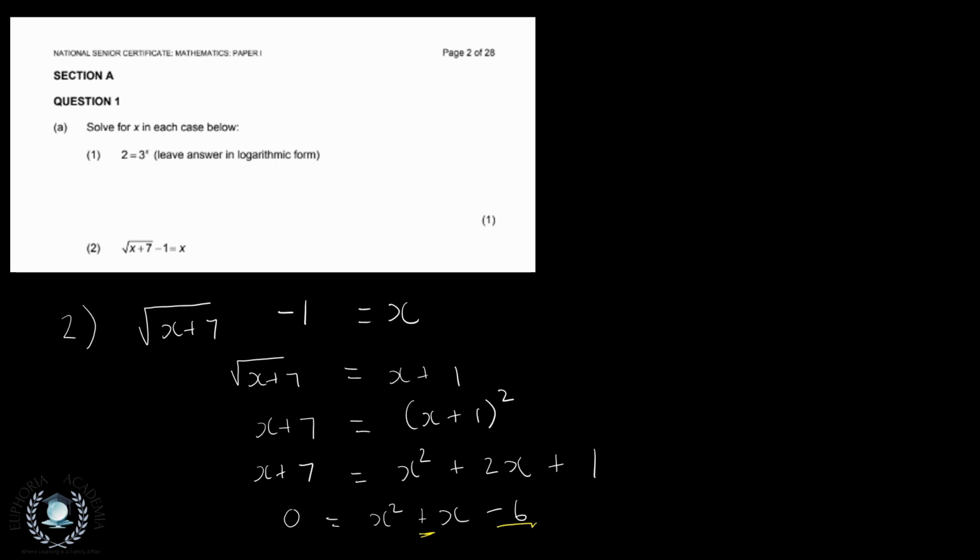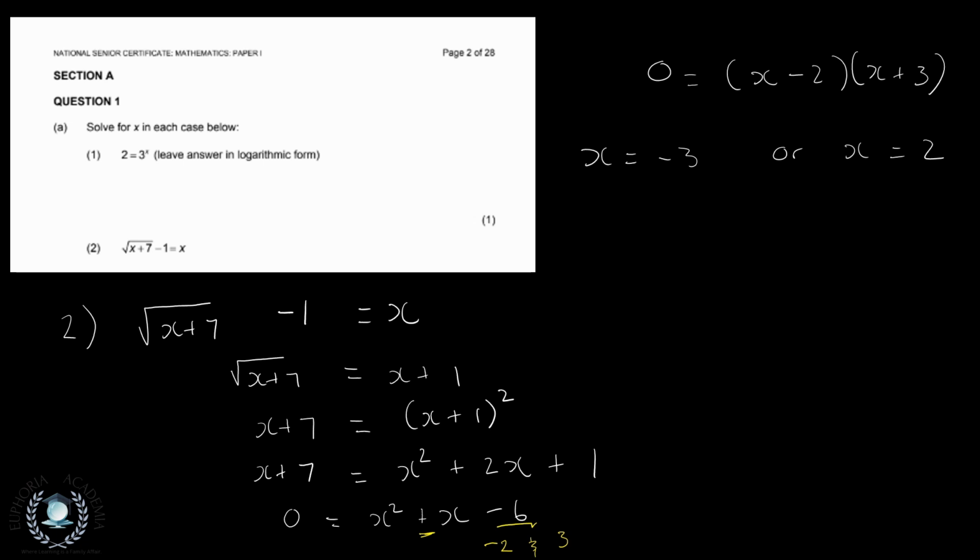The factors of minus 6 that give us that are negative 2 and 3. Let's quickly factorize. We end up with 0 being equal to x minus 2 multiplied by x plus 3, which leads us to say that x is equal to minus 3 or x is equal to 2.